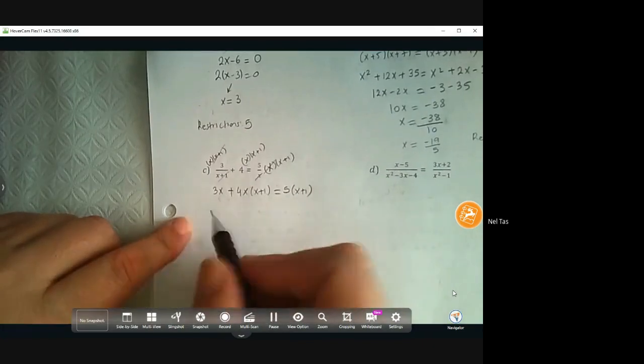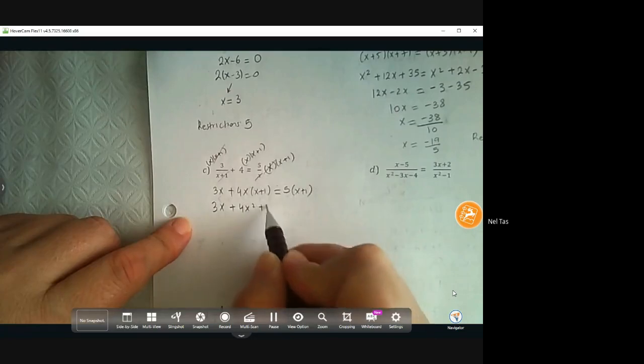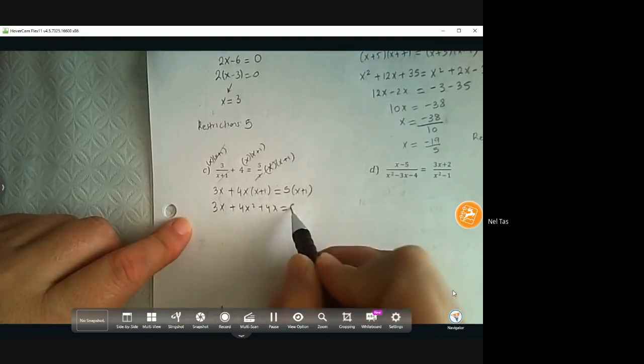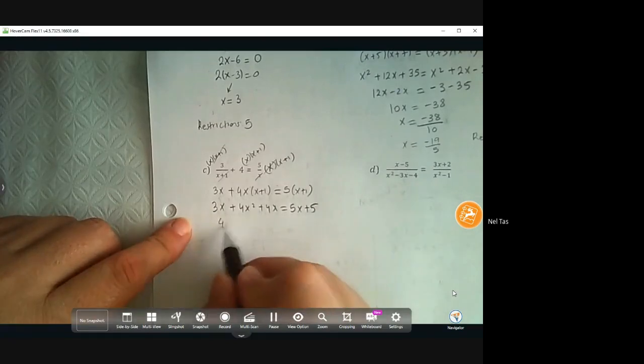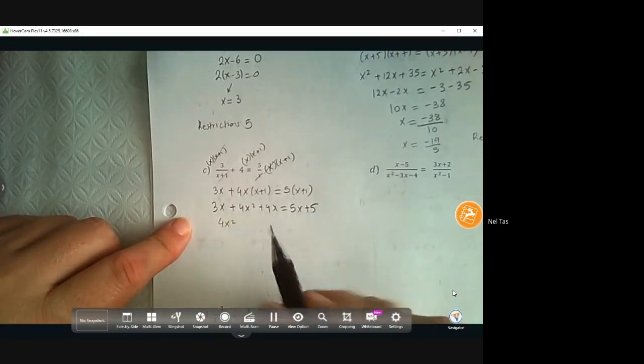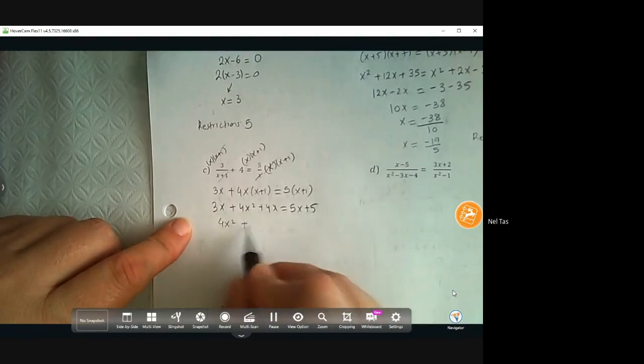Now we're going to expand this. So 3x + 4x squared + 4x = 5x + 5. Collect everything on one side. We have 4x squared, 7x - 5x gives you 2x, and -5 = 0.